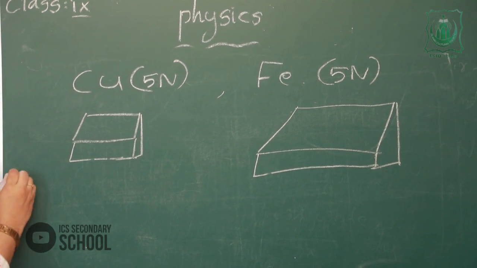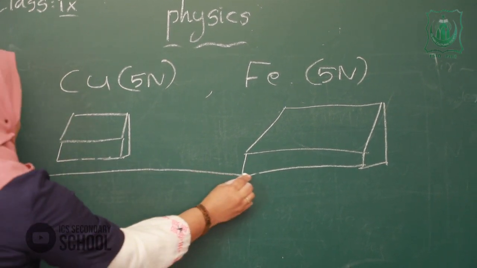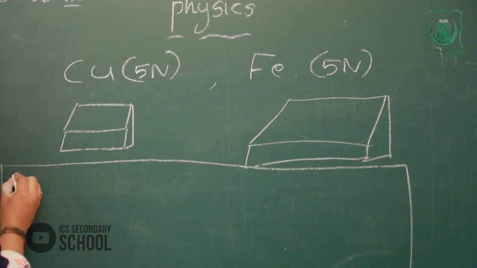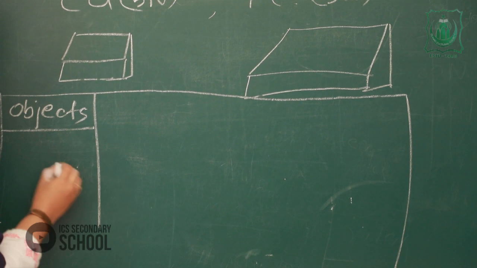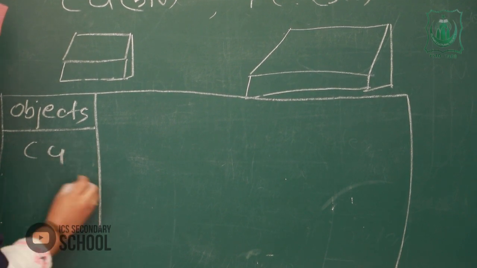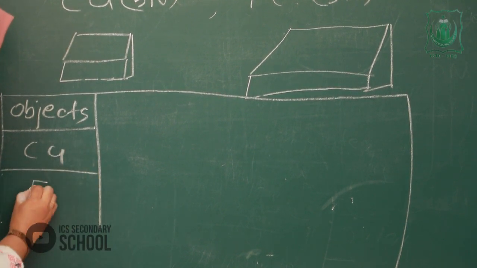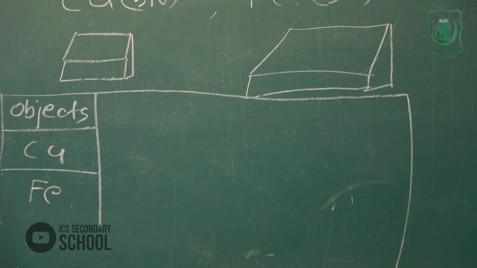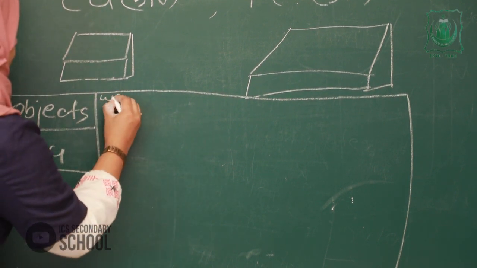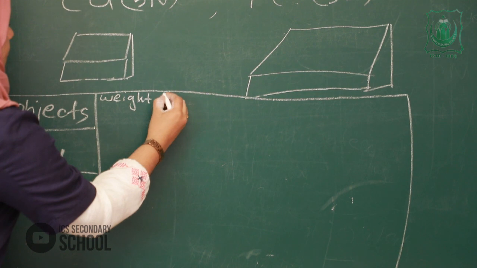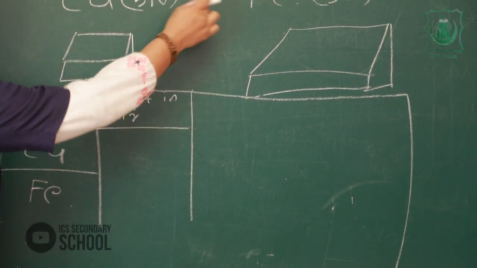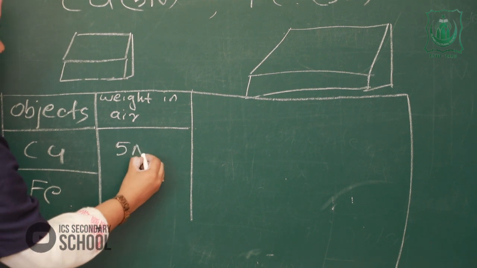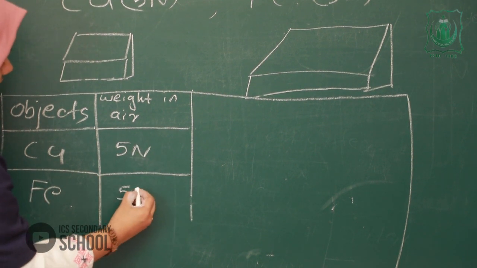So, how to find out the buoyancy? Here there are two objects. One is copper and the other is iron. Weight in air: we take 5 Newton, both of them have 5 Newton.